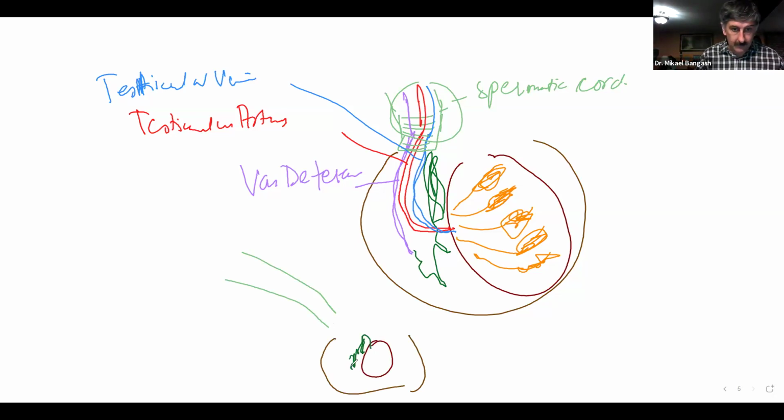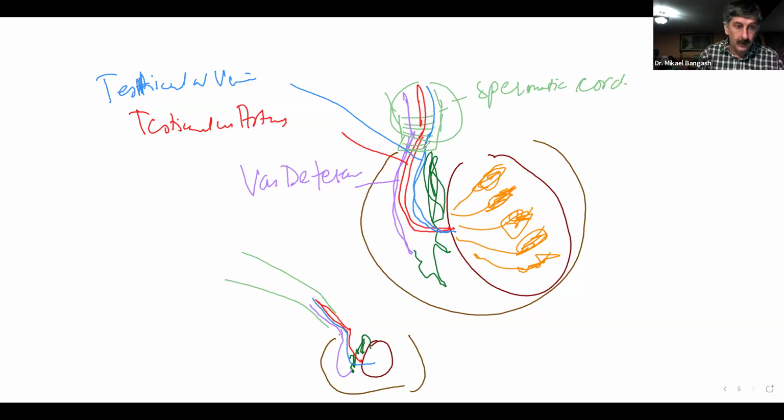And we can say epididymis, the vas deferens, testicular vein, and testicular artery, now passing, joined together, enclosed in this fibrous structure, which becomes the spermatic cord.